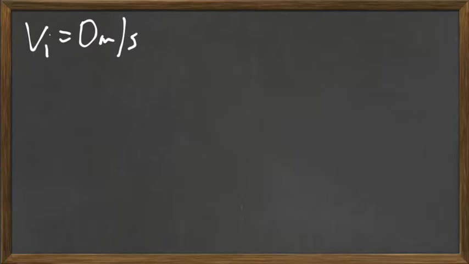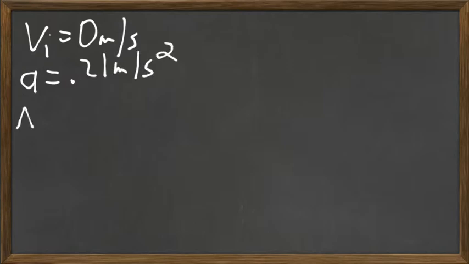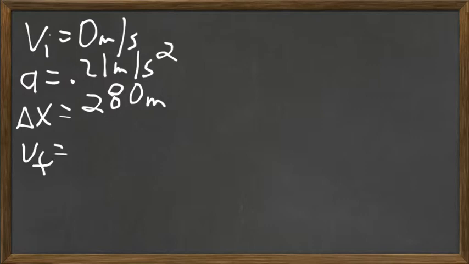And accelerates at a rate, so acceleration equals 0.21 meter per second squared over a distance of 280 meters. So that's horizontal displacement, 280 meters. And the problem asks me to solve for two things. One is final velocity and one is time.